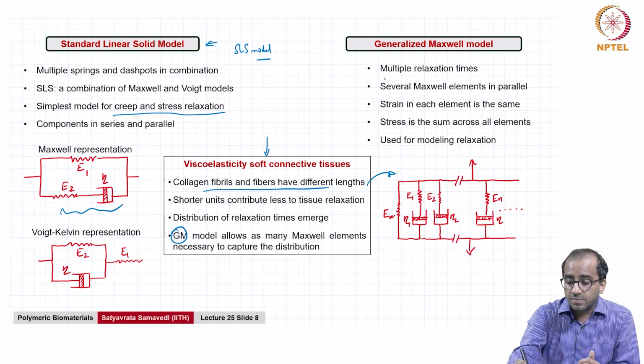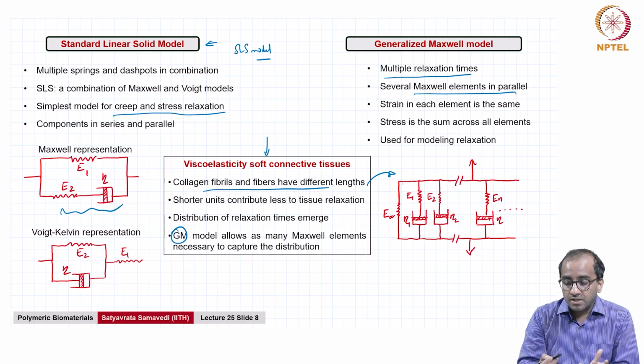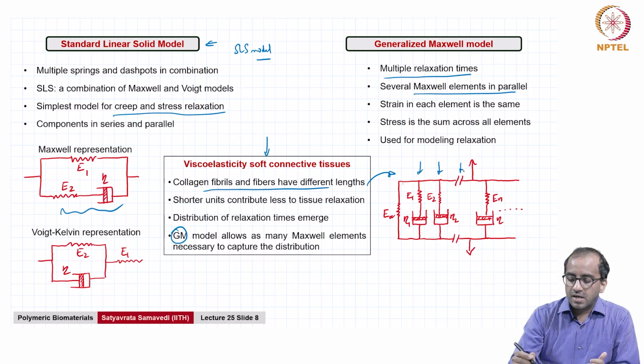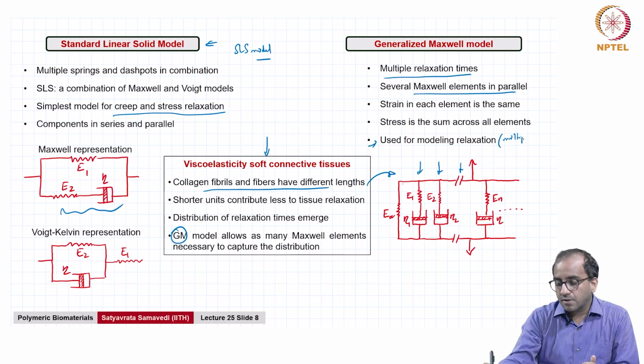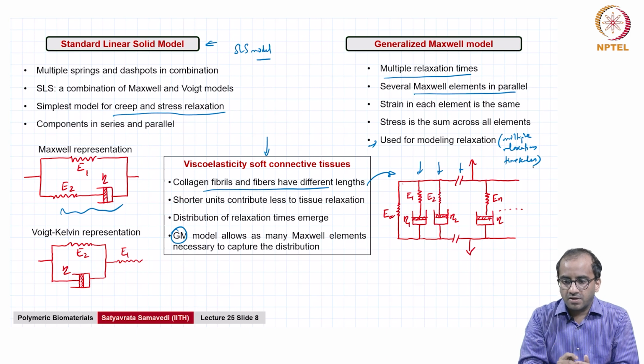So, you have multiple relaxation timescales and several Maxwell elements in parallel, right, as many as you want. The strain in each element is the same, the stress is the sum across all the elements, and this is used to model relaxation where you have multiple relaxation timescales. Of course, you can have a generalized Voigt-Kelvin model likewise.